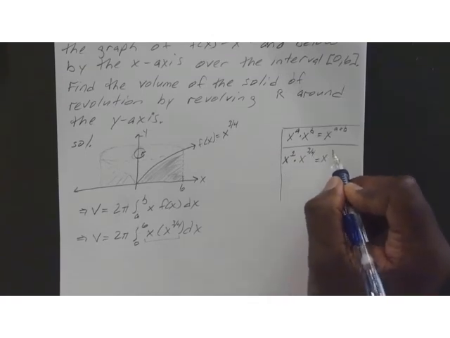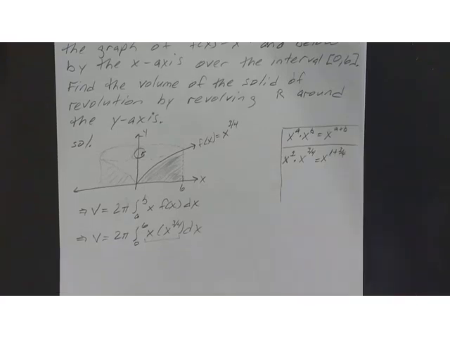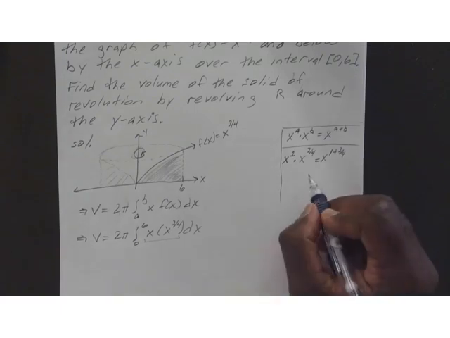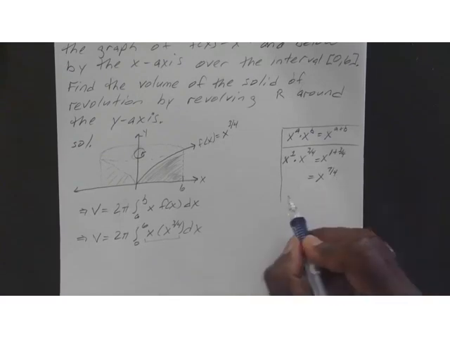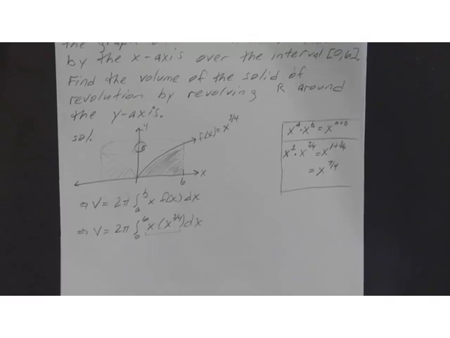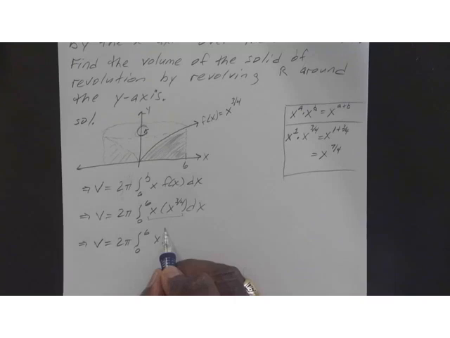That's just x to the power of 1 plus 3/4. So if we change that 1 to 4/4, we get x to the 4/4 plus 3/4. So we have x to the 7/4 power. So that means our volume would equal 2 pi times the integral from 0 to 6 of x to the 7/4 power with respect to x.